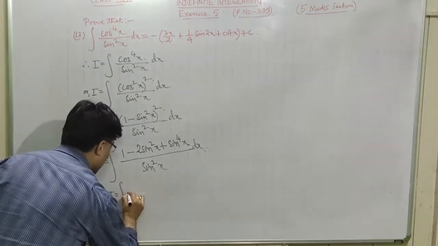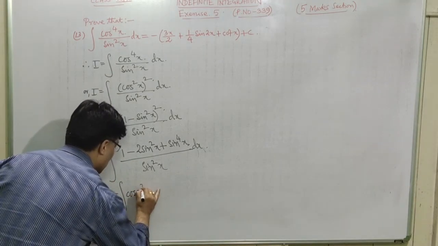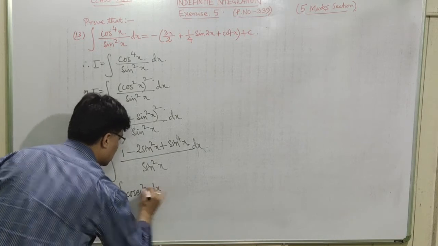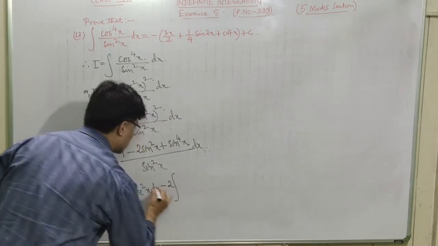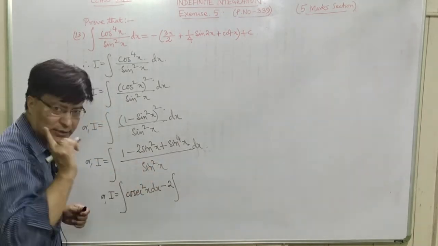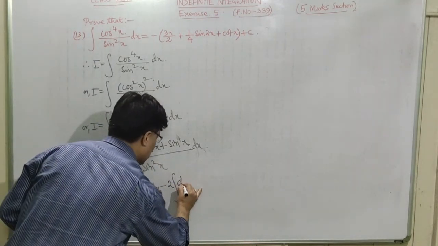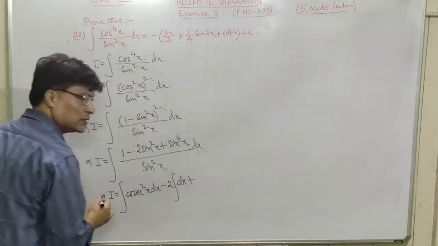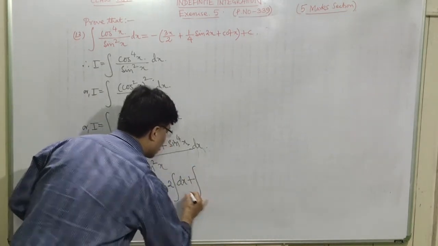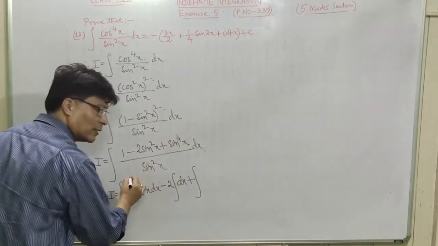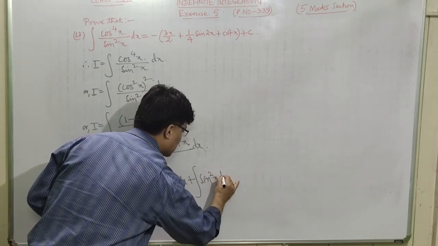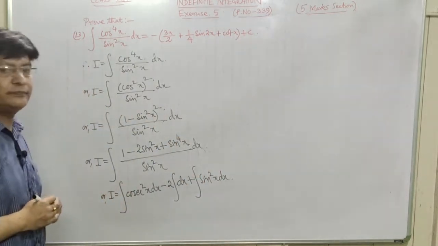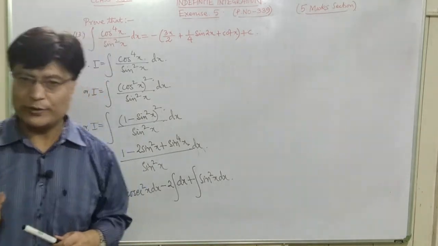What is 1 by sin²x? cosec²x dx, minus 2 integration of, what is sin²x by sin²x? That is 1 dx, plus integration of, what is sin⁴x divided by sin²x? That is your sin²x dx. So I think you have understood it.